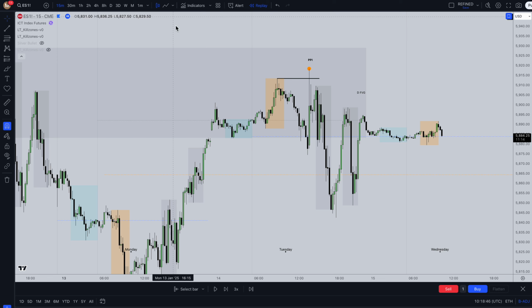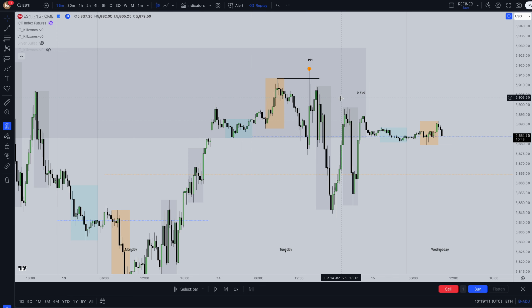So the answer to the question I just gave you, how do we stop ourselves from getting wicked out of this position before it runs? One, we can look at news releases. We can look at the economic calendar and understand that, okay, PPI was here, we don't want to front PPI, we want to wait for it.